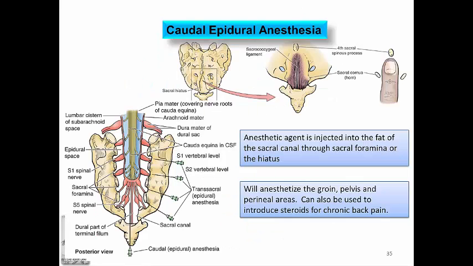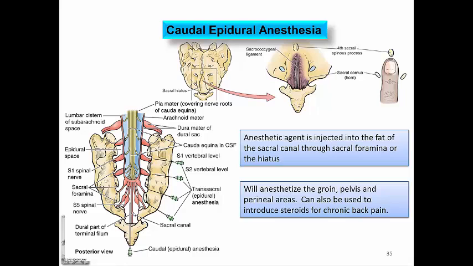Knowledge of the anatomy of the sacrum is important as well because of caudal epidural anesthesia. You can locate the sacral hiatus by palpation. You can feel with your finger the sacral cornua and the spine of S4 or S3, and then using that as a landmark and a guide, a needle can be introduced either directly here through the ligament that in life actually covers this opening to perform a caudal epidural anesthesia.